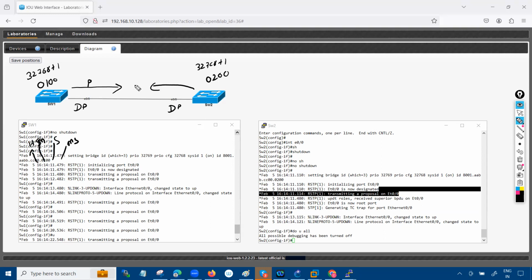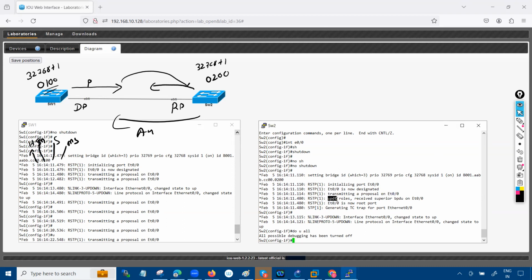Once switch 2 receives this BPDU, it sees that switch 1 has a lower MAC address, so it changes this port into the RP. And then it sends the agreement flag. I'm updating my role because of the superior BPDU I have received, the best BPDU I have received on switch 2.